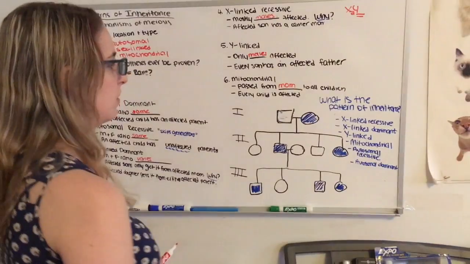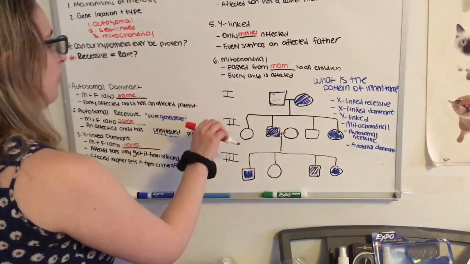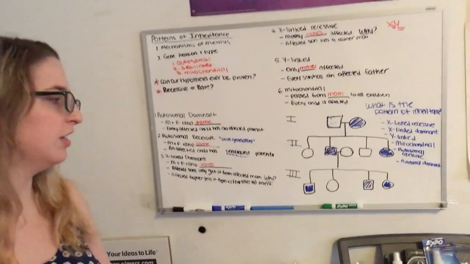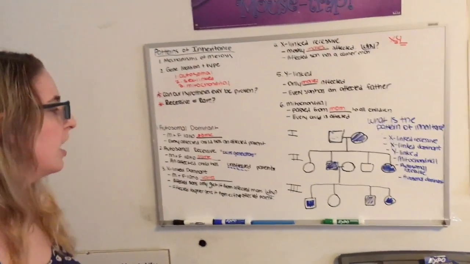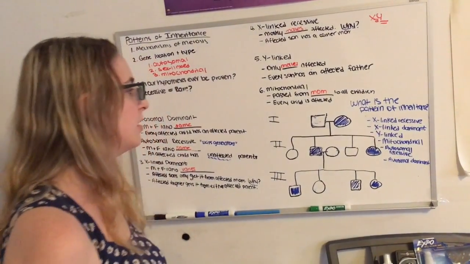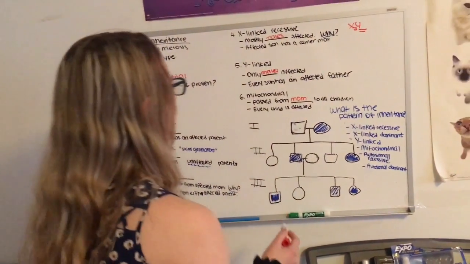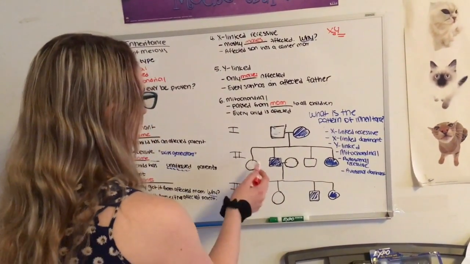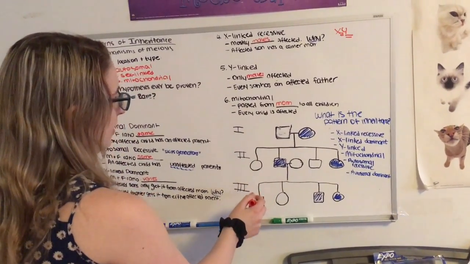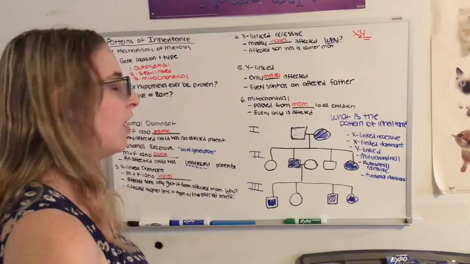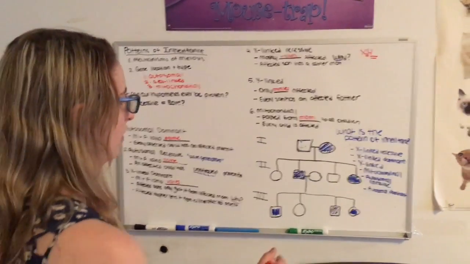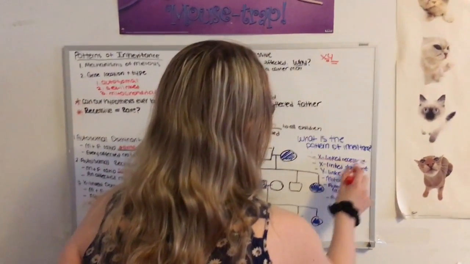Well, we see here that the diseased allele is present in all the generations and doesn't appear to skip the generations, since every affected child has affected parents, so it can't be recessive. But at the same time, it can't be X-linked, because we see that the father in the second generation passes down the allele to his son. And like we said, fathers can only pass down genes on their Y chromosome. So it can't be X-linked recessive.